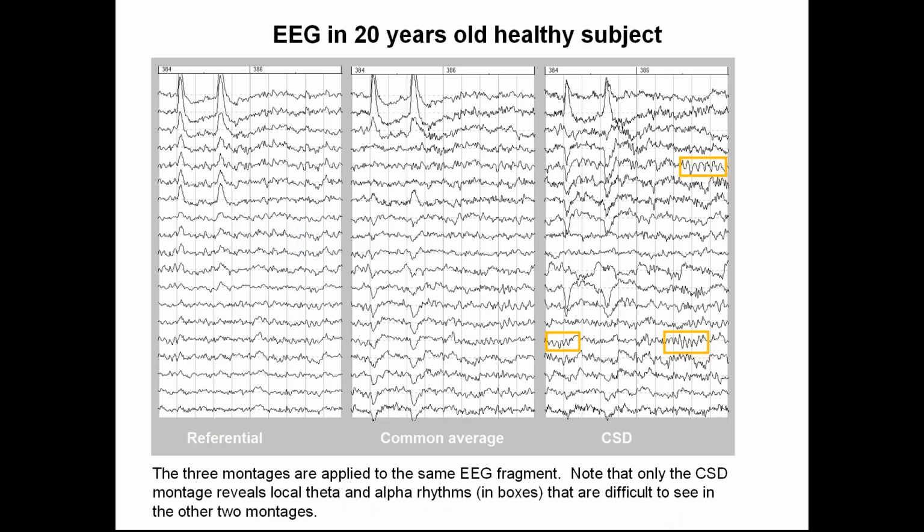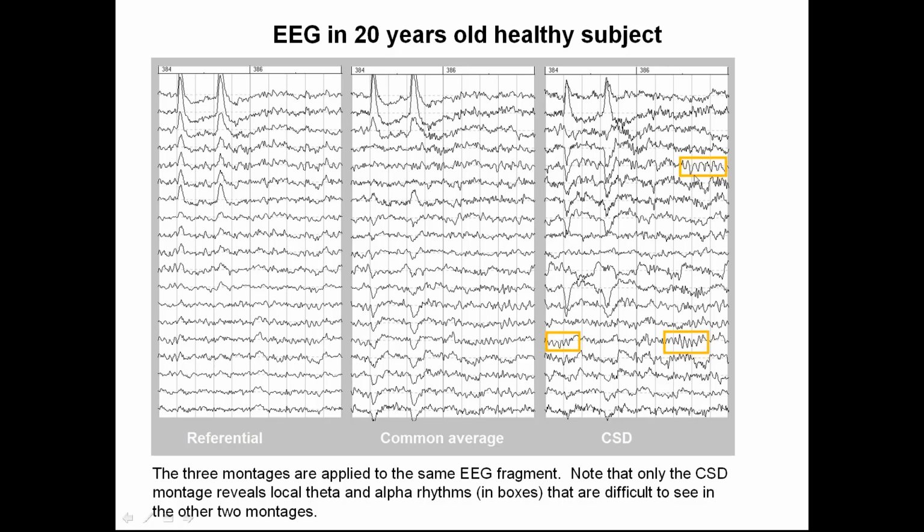Okay, this is the next slide, in which I show EEG. On the left, that is EEG recorded in the referential montage. You don't see much, just up and down, and some artifact. In this case, I blink. To get rid of the common source, you can use the common average montage. Again, it tells you a little bit more, but not much.